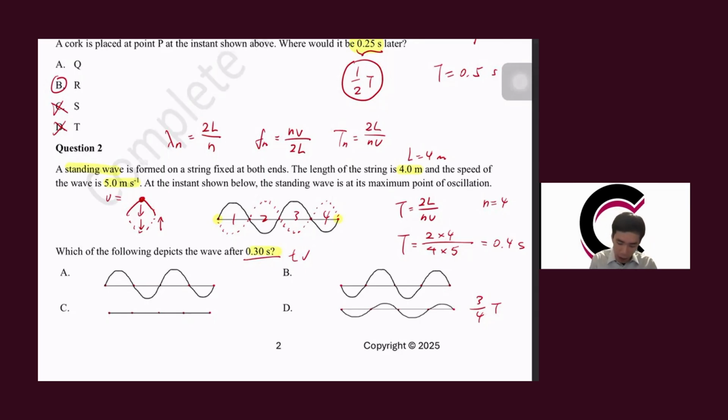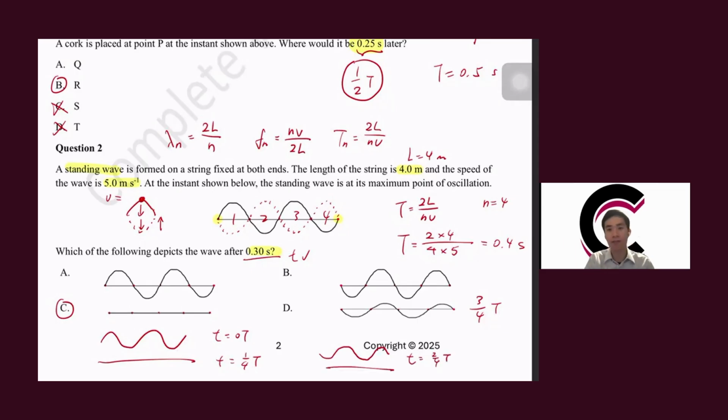In other words, we'll have a waveform like C, because if I just draw the whole instance, so that's the first, at t equals 0 period. At the first quarter, I should say, it becomes like that. At the second quarter, t equals 2 out of 4 period, it looks like this.